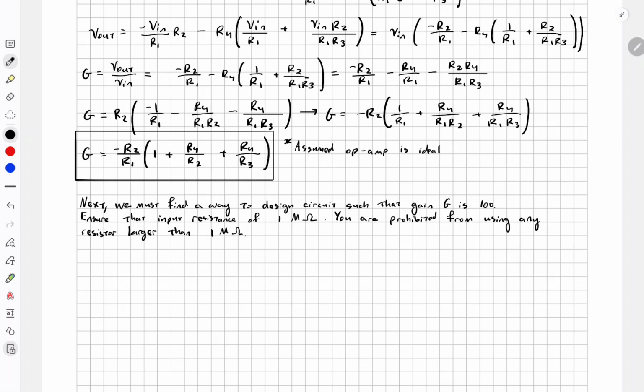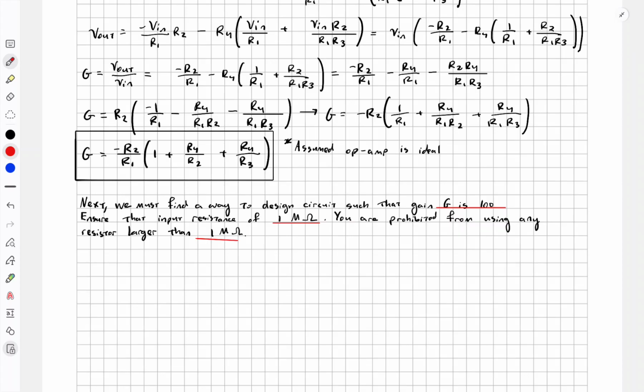So the question asks us to modify the circuit. We're going to design a circuit such that the gain is 100, but we have some limitations. We have to ensure that the input resistance is 1 mega ohm, and we are not allowed to use any resistor in our design that is greater than 1 mega ohm.